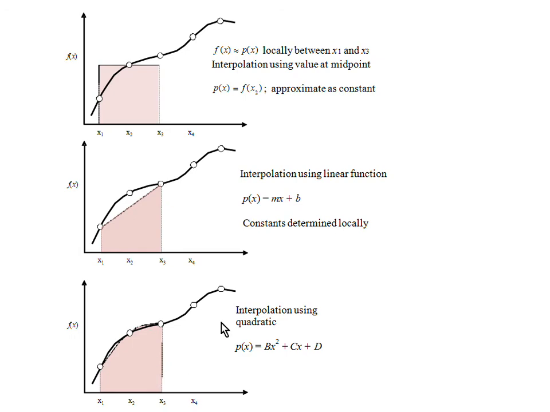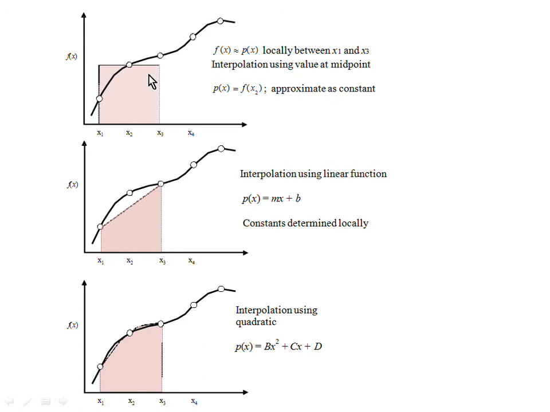Okay, so the way we're going to develop these methods of numerical integration is to locally approximate the function using some simple function that we can integrate. So the function that we want to integrate is this black function here, and these are the points that we've selected when we partitioned the interval. And what we're going to do is to take three of these points and develop a function that will apply locally and approximate the black function.